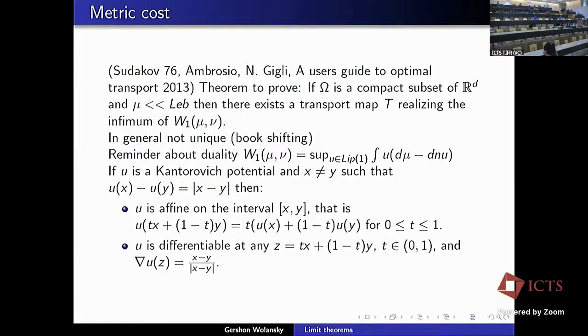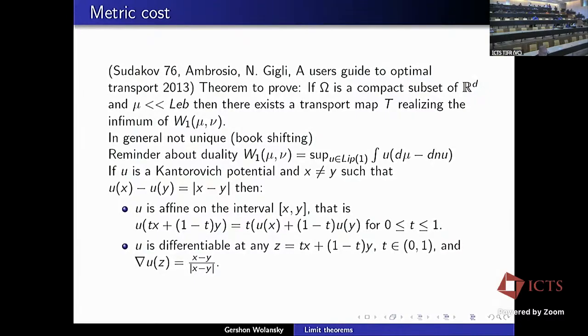And we know there exists a Kantorovich potential u, which is Lipschitz 1. So we look at all points for which we are given this u. We are looking for all points x, y in the space such that this equality holds.